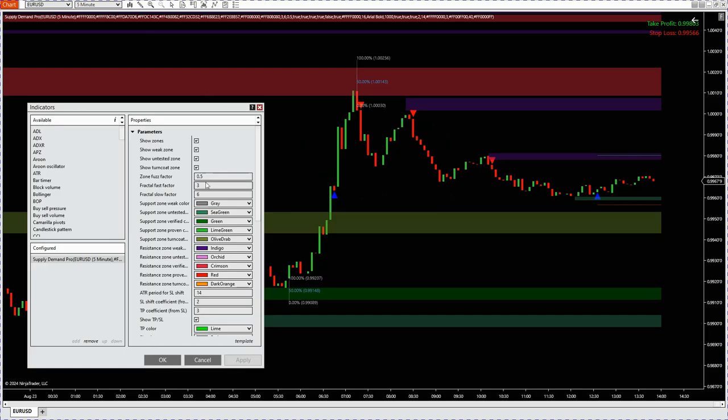You find the right settings for the right time frame, and you can get this to work really nicely by itself or in conjunction with other indicators, for example a moving average or a price oscillator. So that's the Supply Demand Pro indicator for the NinjaTrader platform.